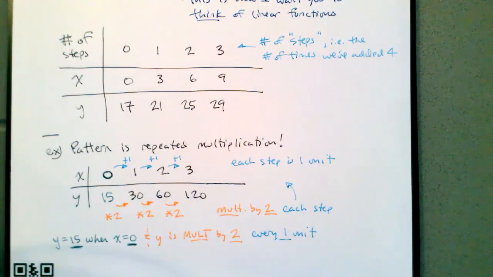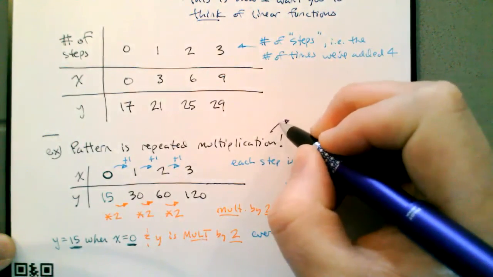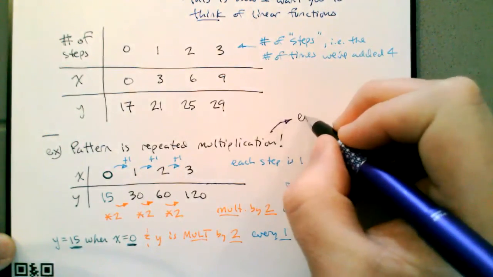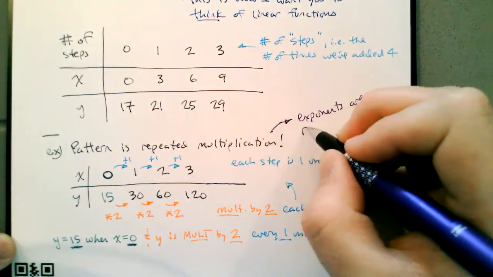But we also want to remember, going way back to the beginning, repeated multiplication is summarized with exponents. When we see repeated multiplication, we should be expecting exponents to show up. Exponents are repeated multiplication.